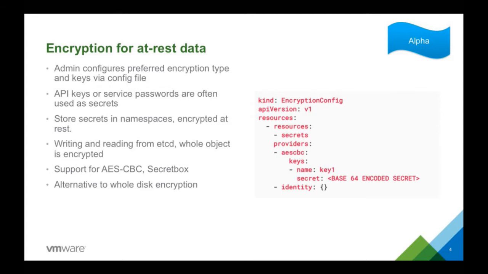Now in 1.7, they added out-of-the-box encryption for data at rest for etcd. It's still recommended to encrypt it with other methods like disk encryption, but you can use the encryption here to encrypt some of the secrets or API passwords that you're passing into your applications when you're using secrets inside of Kubernetes.